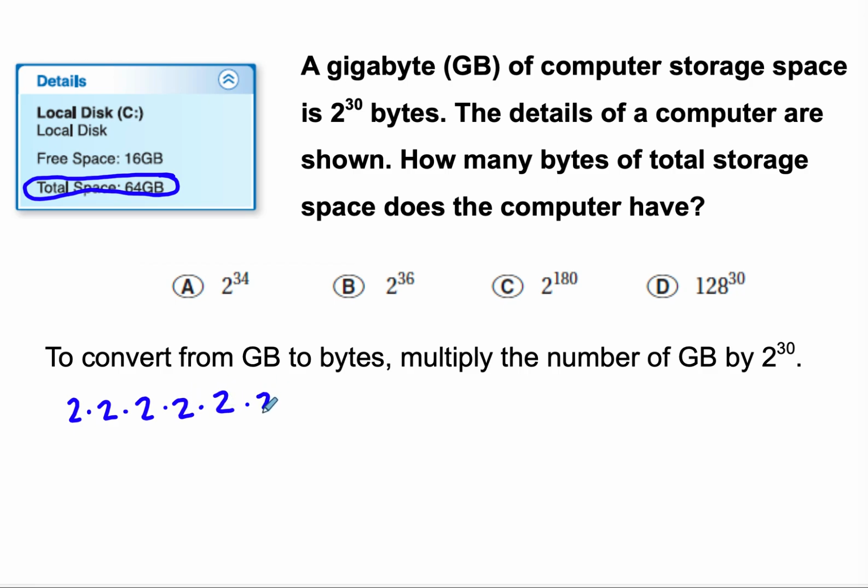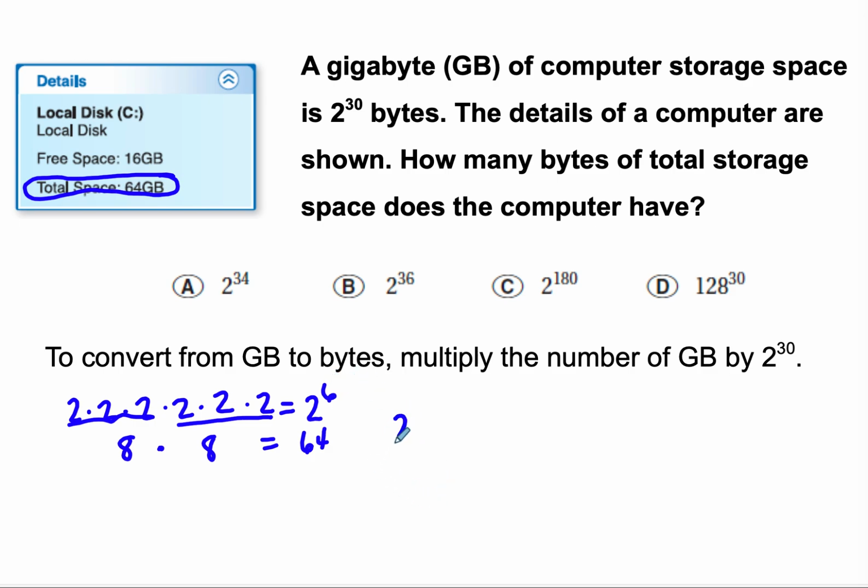So I'm just writing some 2's to start. Okay. I know 2 times 2 is 4 times 2 is 8. And then I would need 2 of those. 2 times 2 is 4 times 2 is 8 to get to 64. So I know 64 is the same thing as 2 to the 6th power.